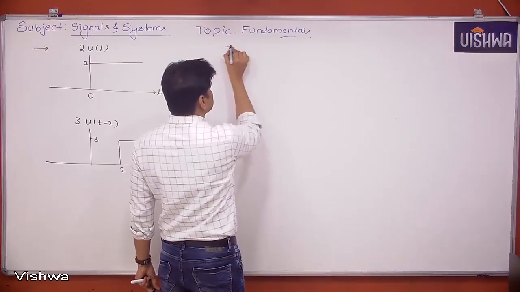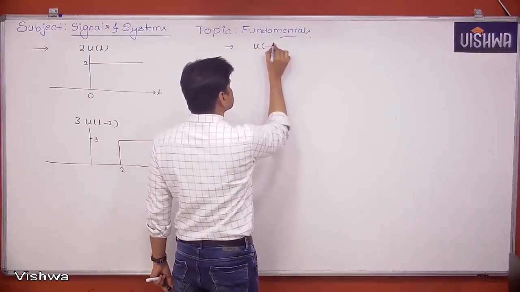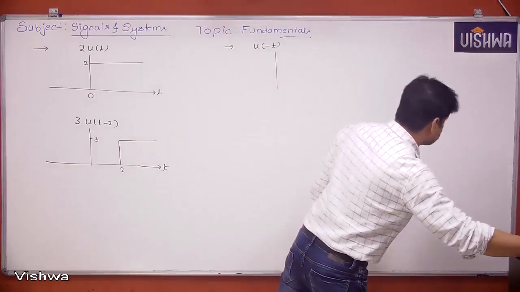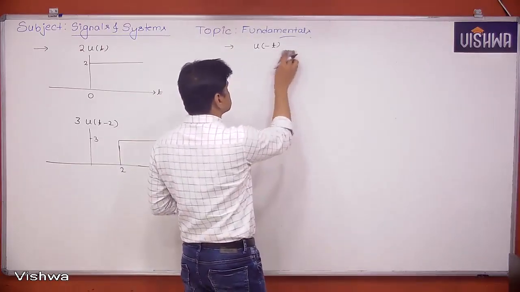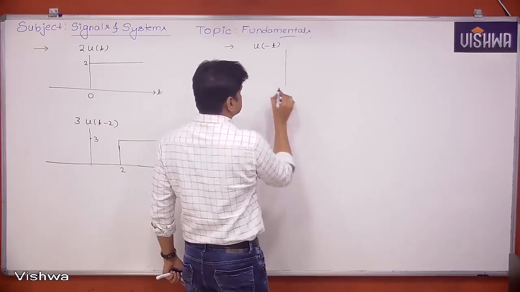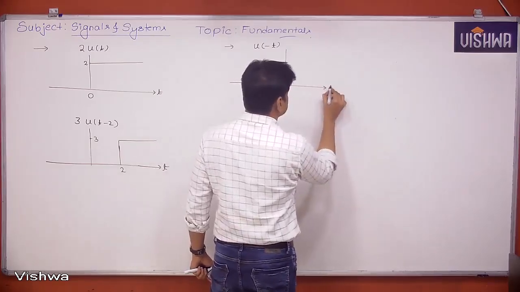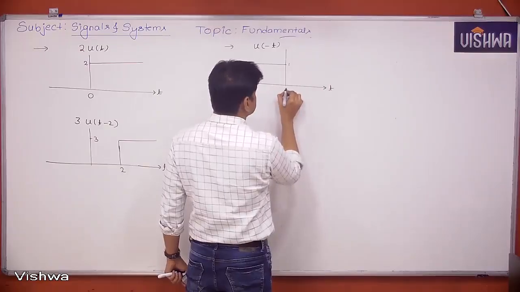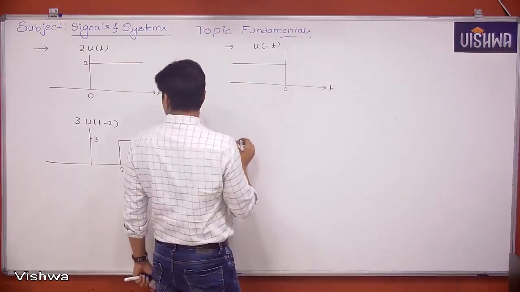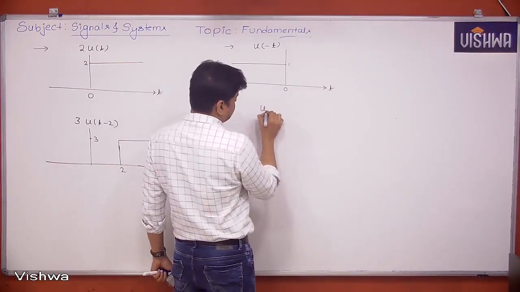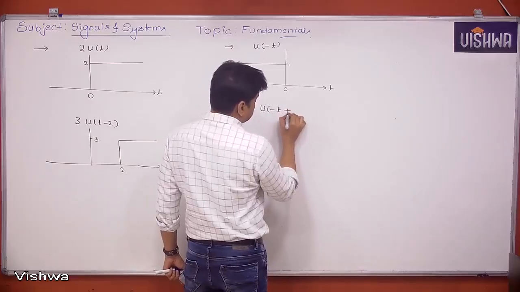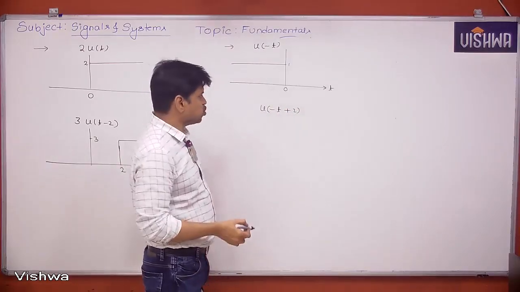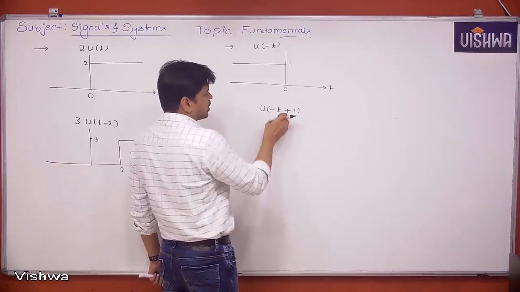If I say draw u of minus t, we can draw this also. Suppose if I say draw u of minus t plus 2. So already we got u of minus t plus 2 means we have to delay by 2 seconds.